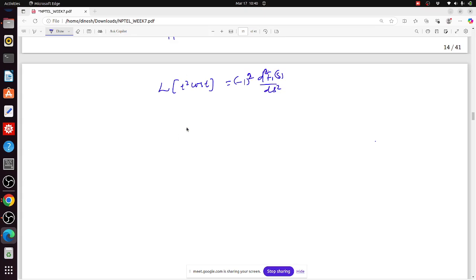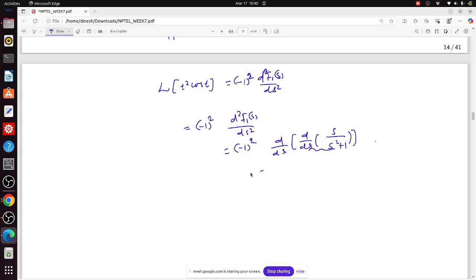So it will be (-1)² d²F₁(s)/ds², where we take d/ds of d/ds of s/(s²+1).